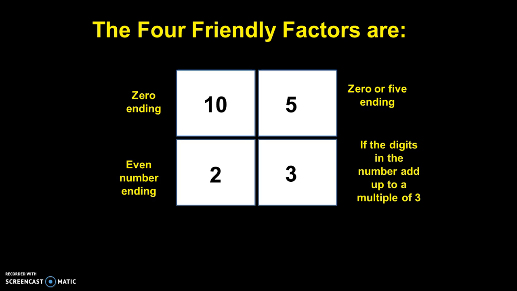Basically, if a number's digits add up to a multiple of 3, then 3 will divide exactly into the original number. Hence, 3 is a factor of that number. We may want to review the digit sum rule to just see that in operation.